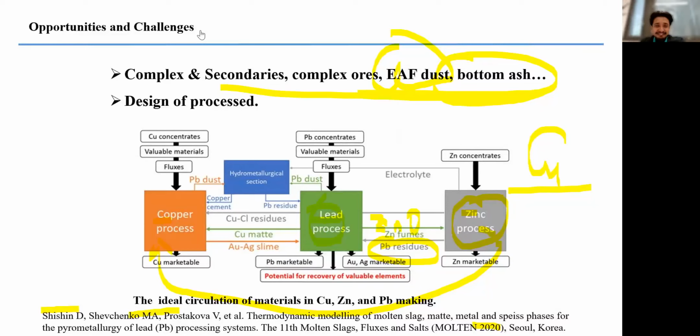Of course, we have the big Krakatau Posco. Also in Morowali, a Chinese company, we have an iron and steel company. So they must consume some amount of zinc. Do you have any idea about the number? I don't have any idea.